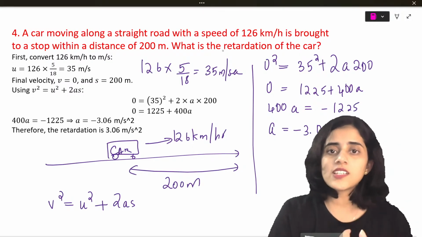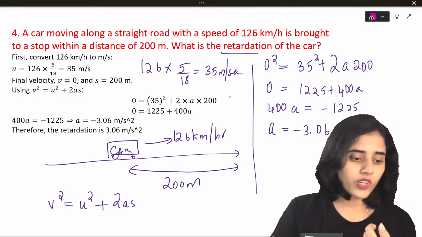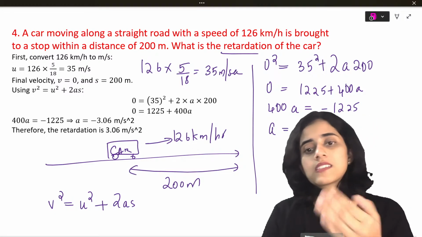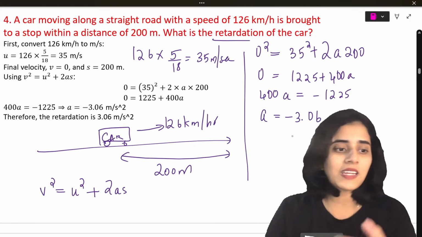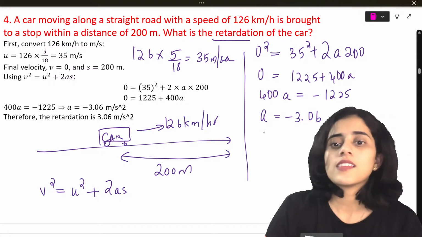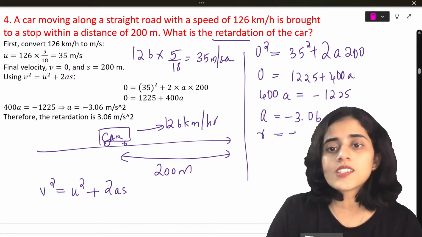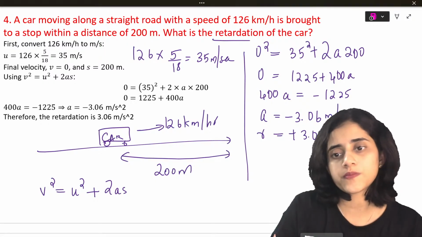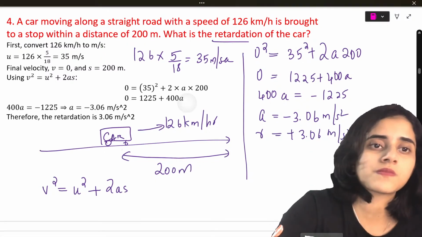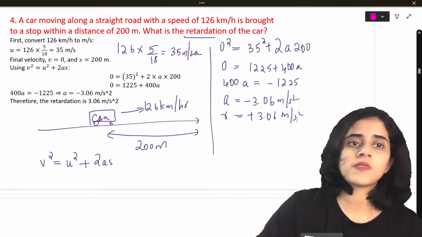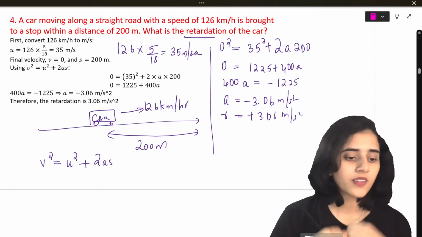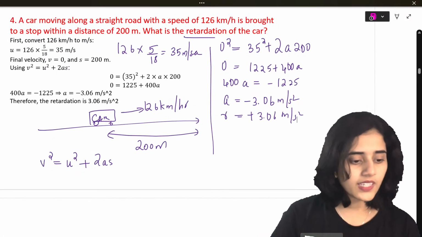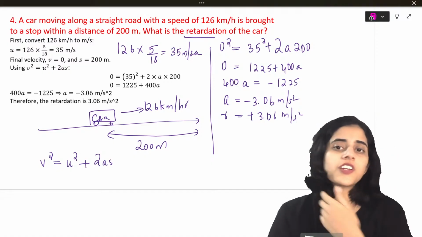Now, the question is retardation. So if acceleration is minus 3.06, then retardation is plus 3.06 meter per second square. Retardation and acceleration are not the same.